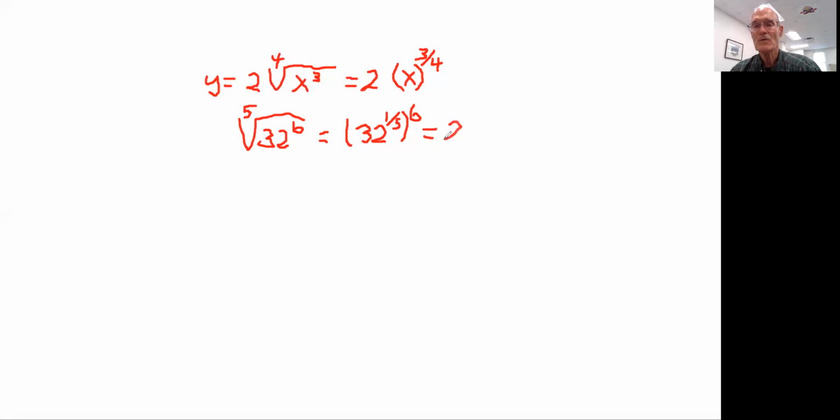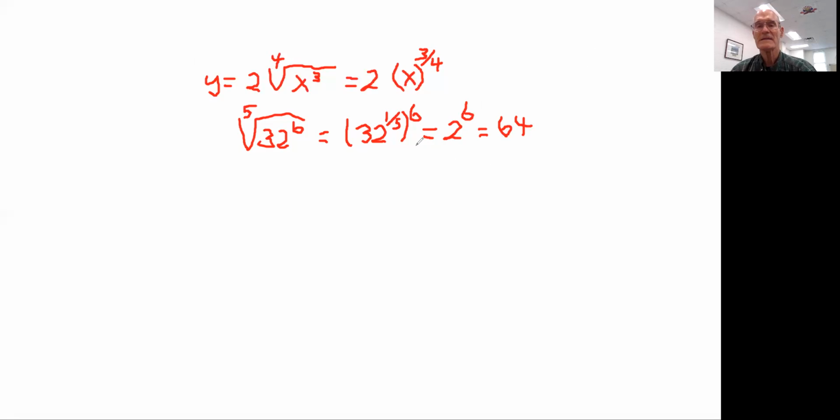So I have 2, and I raise 2 to the 6th power, and I get an answer of 64. So I can do something like that in my head, whereas there's no way in the world that I can take the 6th power of 32 and then take the 5th root, okay?